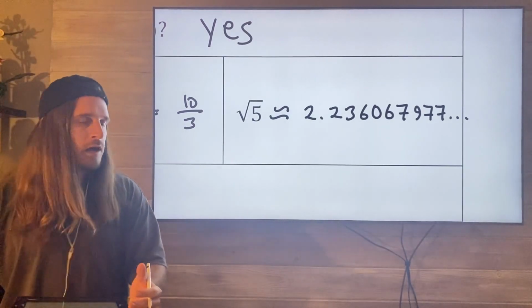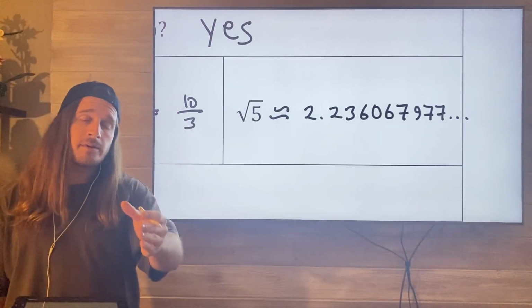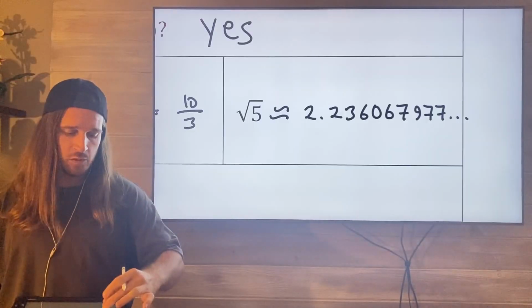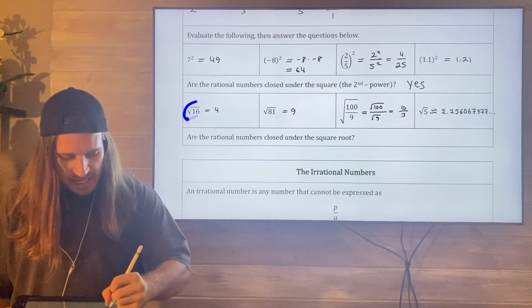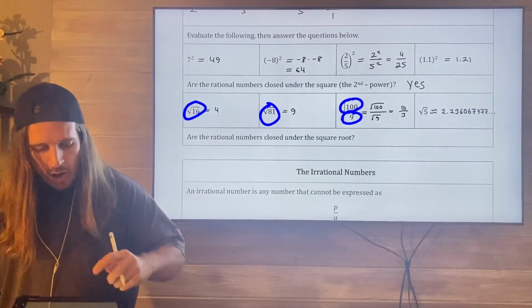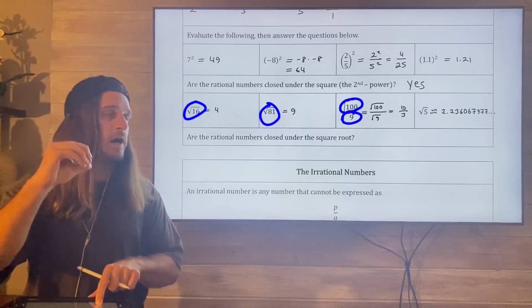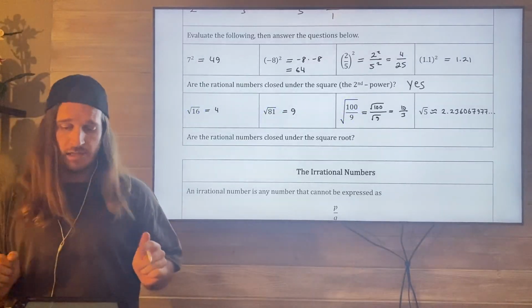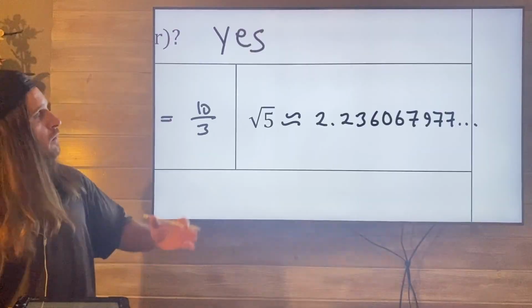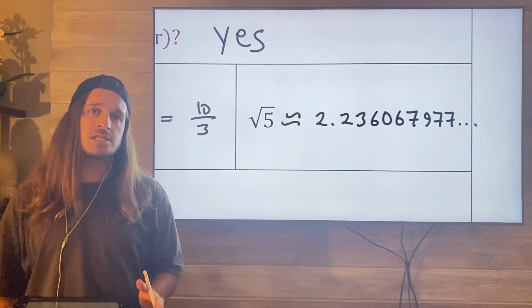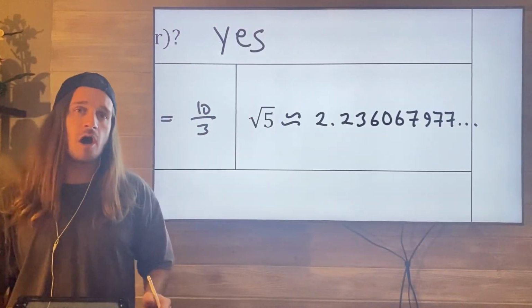How did we do that? We took the square root of a number that is a non-perfect square, right? 16, 81, 100 over 9, those are considered perfect square numbers. 5 is not. And if we take the square root of that, we are going to get a non-terminating decimal, which means this number is not rational.